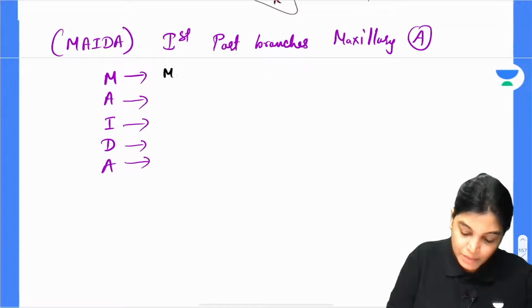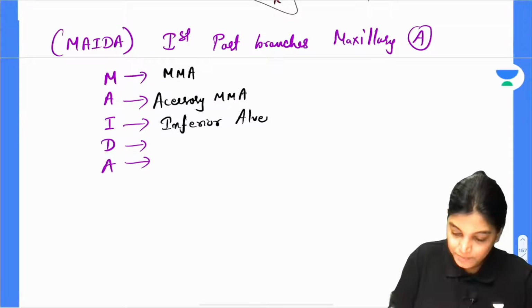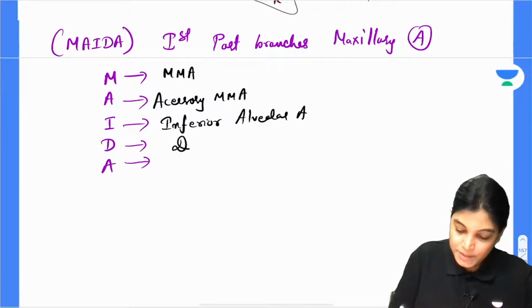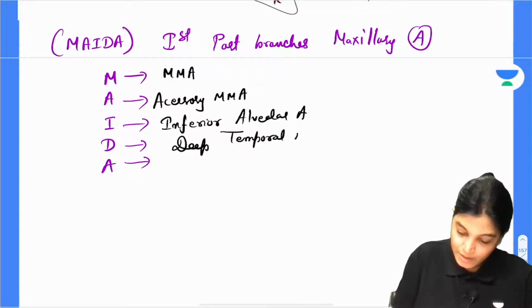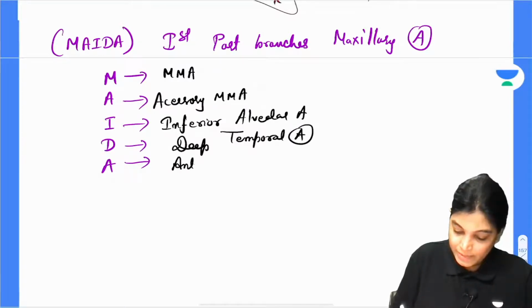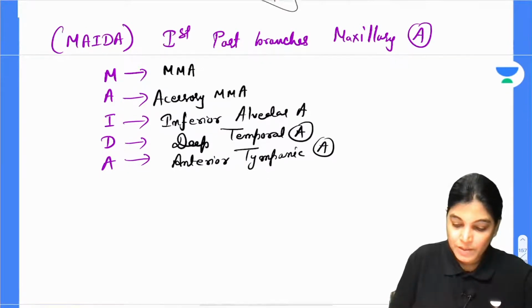M for middle meningeal artery, A for accessory middle meningeal artery, I for inferior alveolar artery, D for deep auricular artery, and A for anterior tympanic artery. So we are done with the first part.